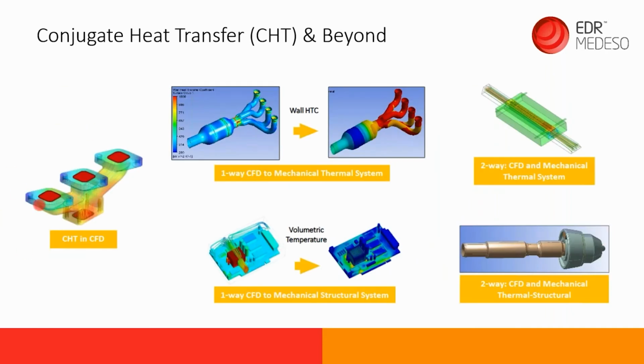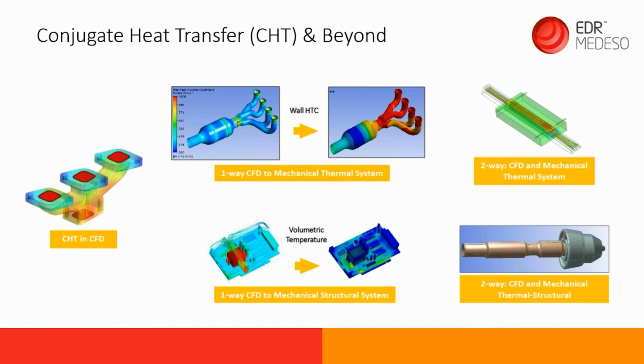With CHT over here on the left, you can then start to think about passing that CFD data to other types of analysis systems. For example, there are one-way transfers. You might want to take data such as a heat transfer coefficient to a mechanical thermal system, which can give you stress and deformation and so on. You could also calculate the volumetric temperature of the solid in CFD and pass that on to a mechanical system as well.